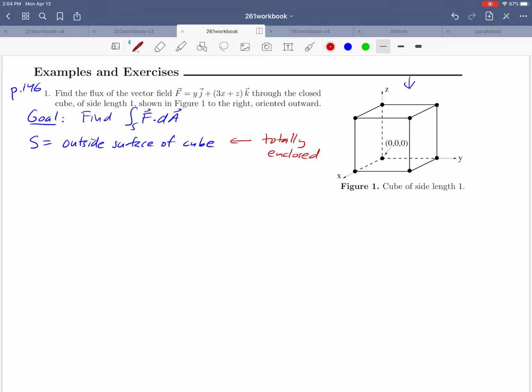In other words, that cube totally encloses a solid three-dimensional region in space. To use the divergence theorem, your surface has to have that property. In other words, there's a region inside of it that we could call W that's solid. So we'll call that the solid inside of the cube.